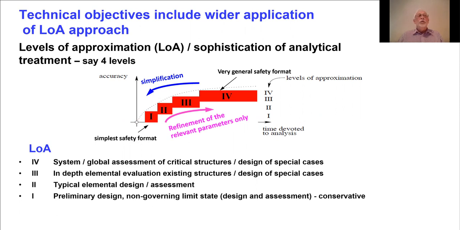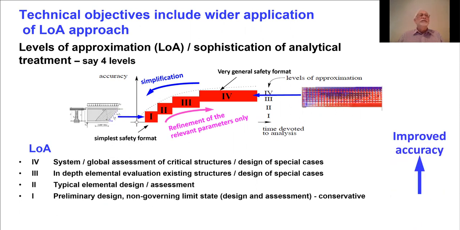So level 1 and level 2 represent a simple, conservative structural or material model, and here at level 4, a more advanced, more accurate model, perhaps in this instance a nonlinear finite element model. And what we're expecting is improved accuracy of the prediction in terms of say, the strength, and at the lower levels of approximation, a smaller analysis effort, but a more conservative result being given.